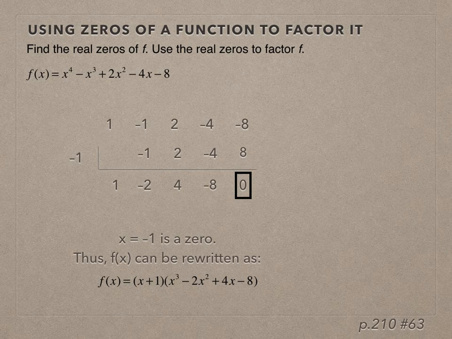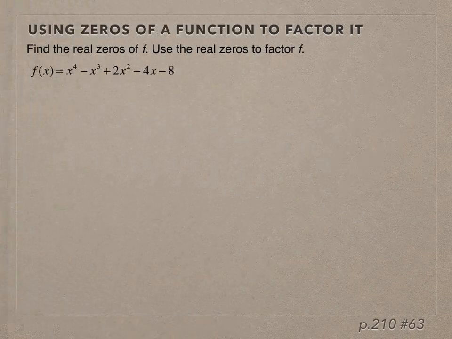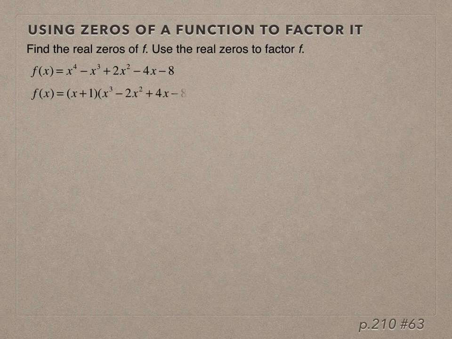Notice the coefficients of that cubic polynomial factor came directly from the bottom line of the synthetic division. So now I want to see if I can factor that cubic by grouping.